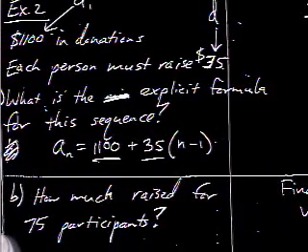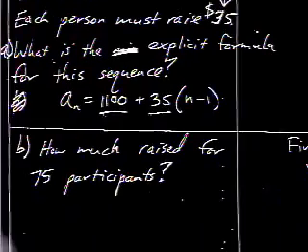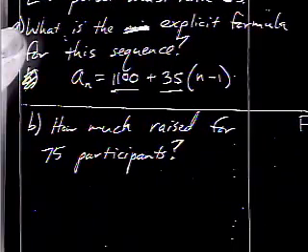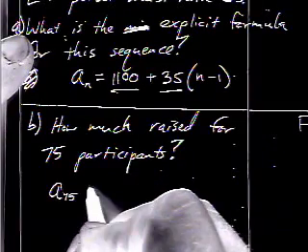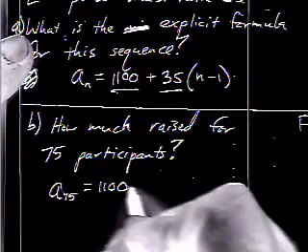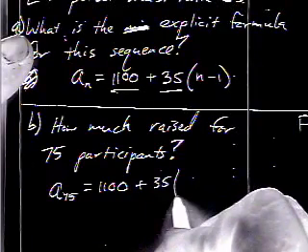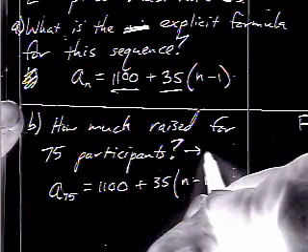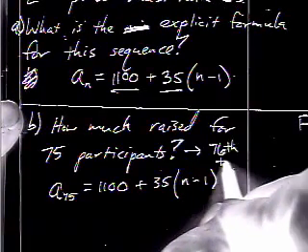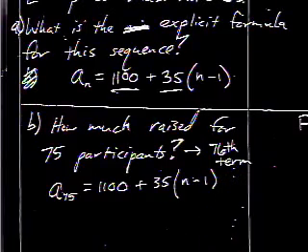How much money will be raised for 75 participants? Okay. So, in other words, what's the 75th term of this sequence? Well, you know what? We got to be careful here, folks. 75 participants is really the 76th term of the sequence.